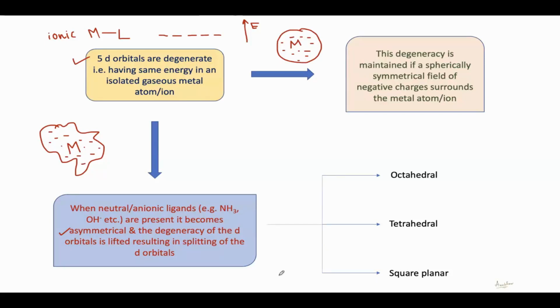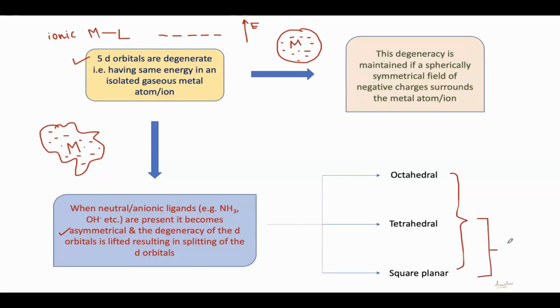According to the nature of the splitting, we have these three geometries around the metal ion. First one is the octahedral, which is one of the most common geometries. Then we have tetrahedral, and then square planar. These tetrahedral and square planar geometries have coordination number 4.